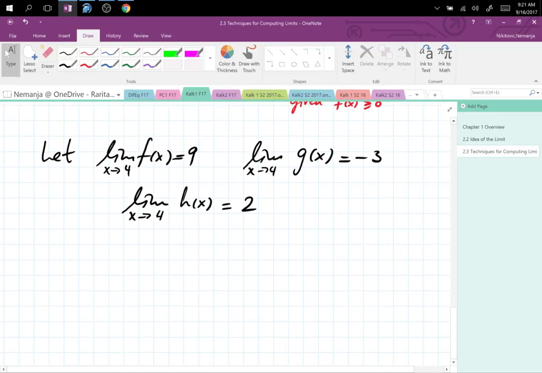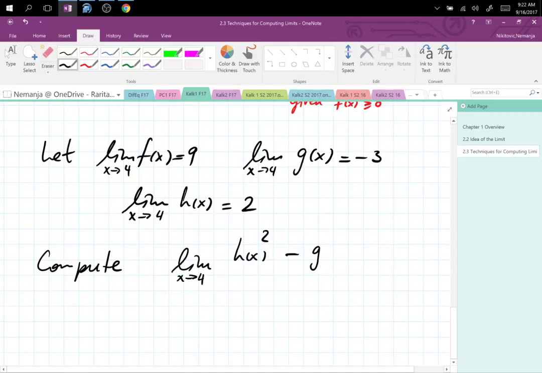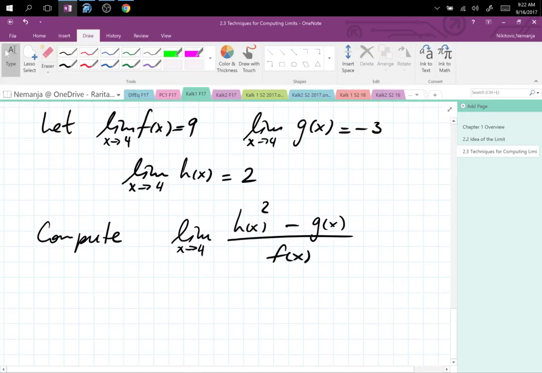So let's say we compute the limit as x goes to 4, obviously, of h of x squared minus g of x over f of x. So that would be the question, right?